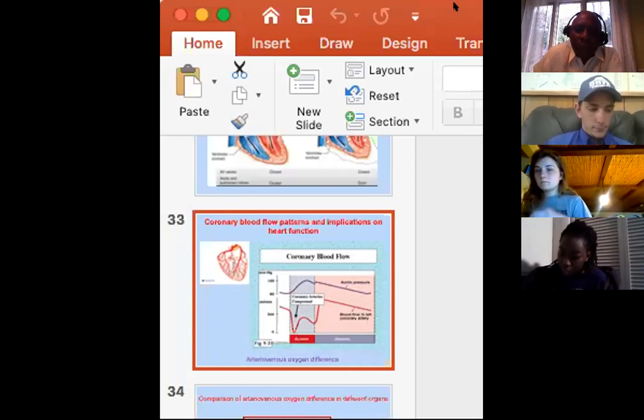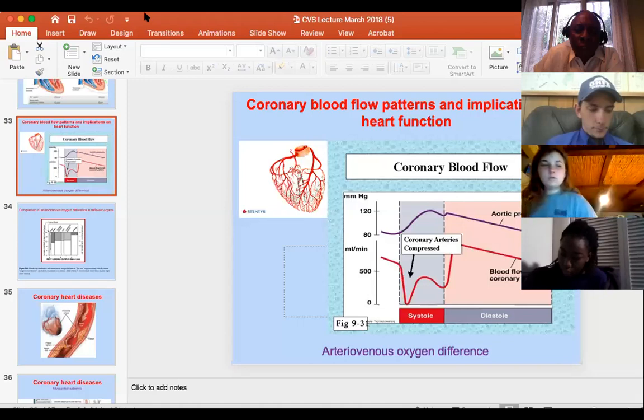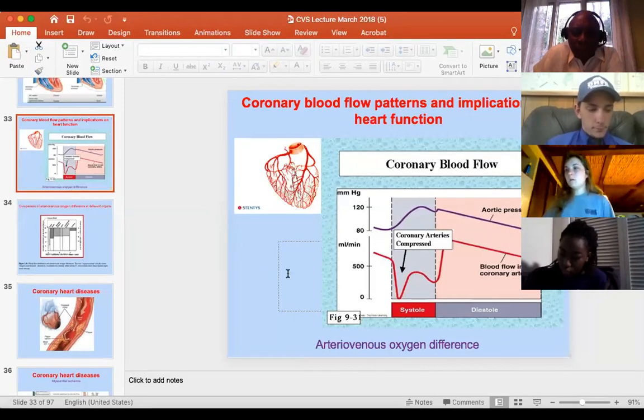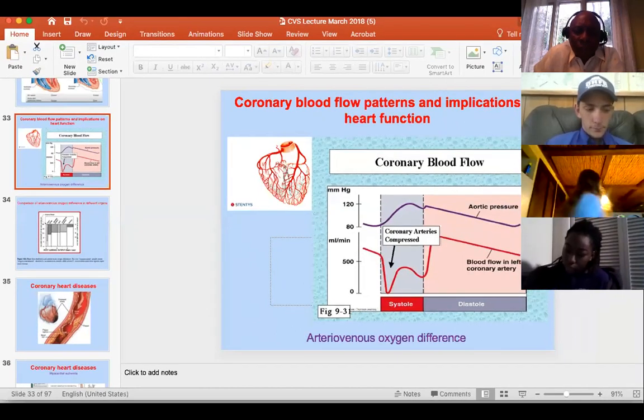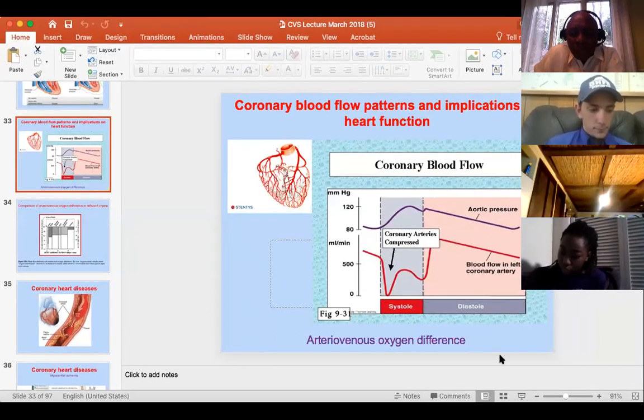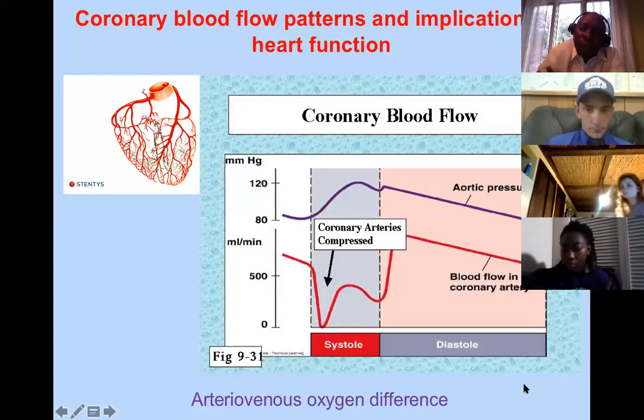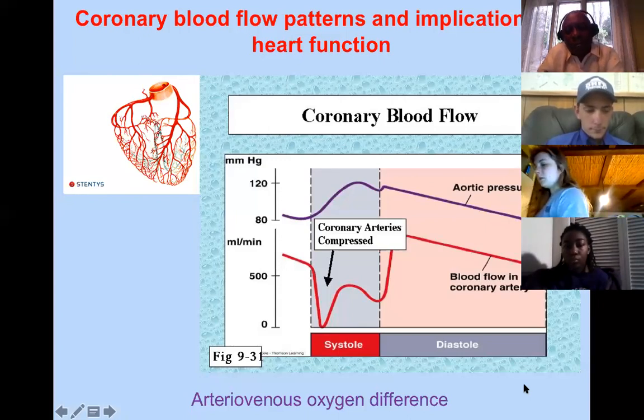All right, let's begin. And this is where we ended. This is a slide that we were talking about. It's a very important slide because it gives you an idea why the heart is very vulnerable to diseases, specifically chest pains.